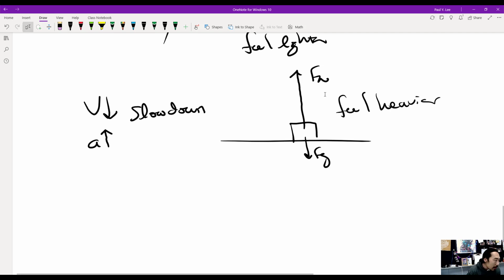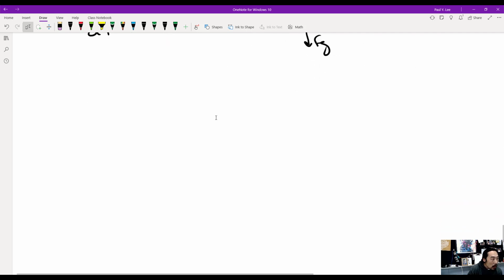All right, now mathematically, this is also true. Let's take a look at the formula. When we are in equilibrium, we say that F_n is equal to F_g. But if we take a look at the line before that, we say F = ma, and we say that our a is 0, so our net force is equal to F_n positive minus F_g.